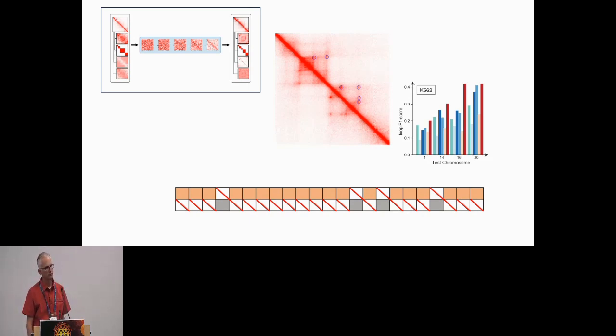Different methods capture different things better: Micro-C has better detection of regulatory loops, HiChIP detects targeted loops. So in your framework, it seems like you can very naturally have multiple different data sets from the same cell type, using the strengths of all of them, and then you can throw in imaging. So is there a limitation to how many views you can have inherently?